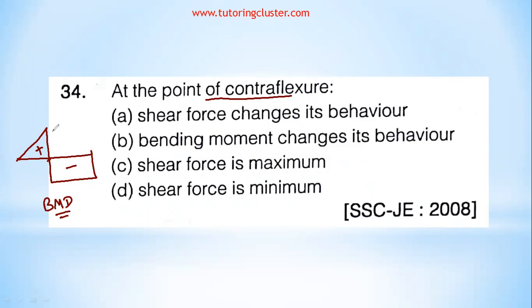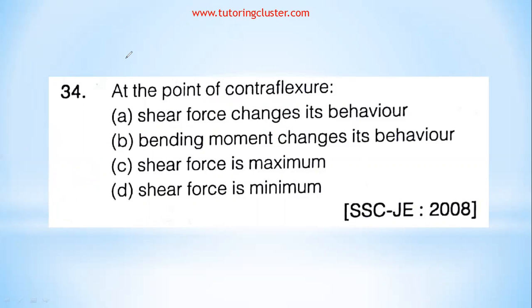See here, here it is positive bending moment. Here it is becoming 0 and then it is becoming negative. So it is changing its behavior either from positive to negative or from negative to positive, right? So at the point of contraflexure, bending moment changes its behavior. Okay, next.